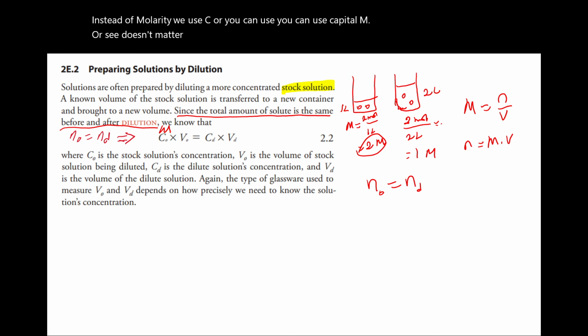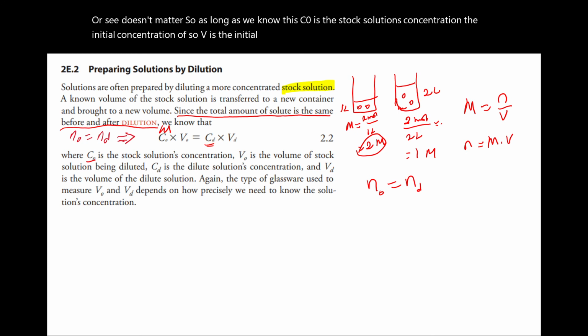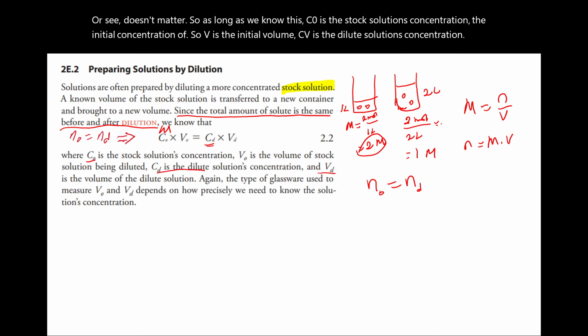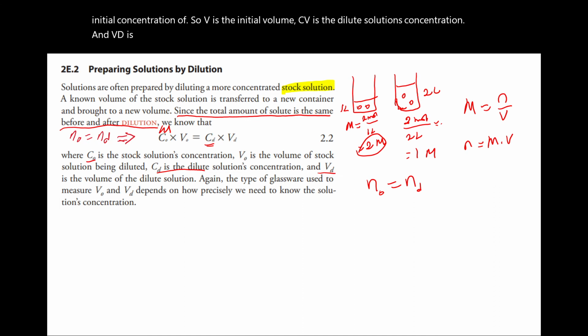As long as we know that C0 is the stock solution's concentration, the initial concentration, V0 is the initial volume, CD is the dilute solution's concentration, and VD is the dilute solution's volume.